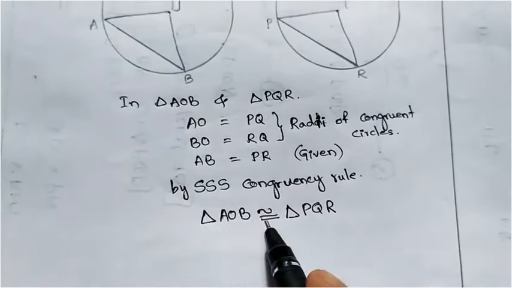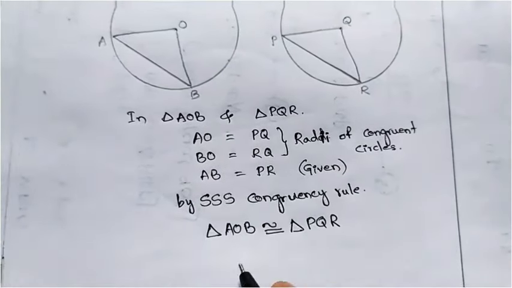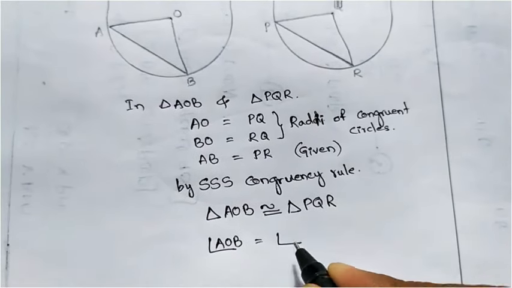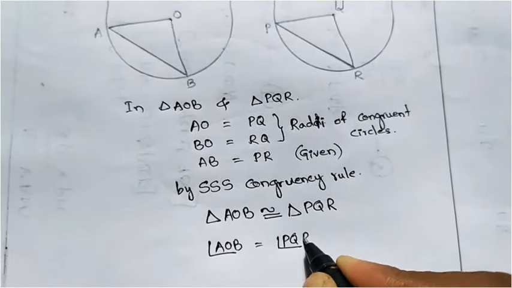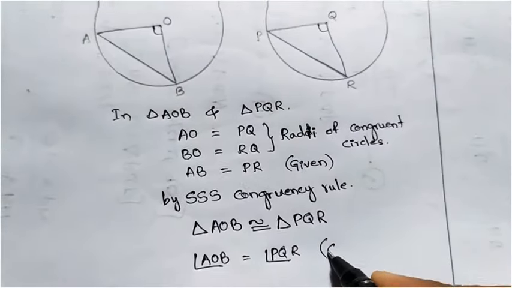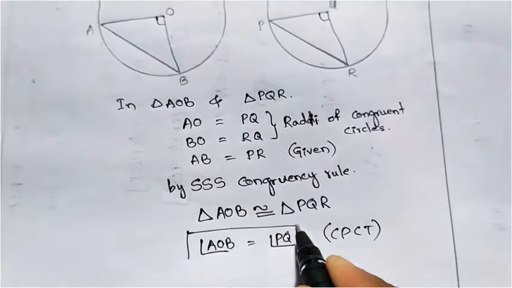If the triangles are congruent, then their corresponding angles are also equal. So angle AOB is equal to angle PQR, that is, angle O equals angle Q. Here you can write CPCT. So this is our required answer.